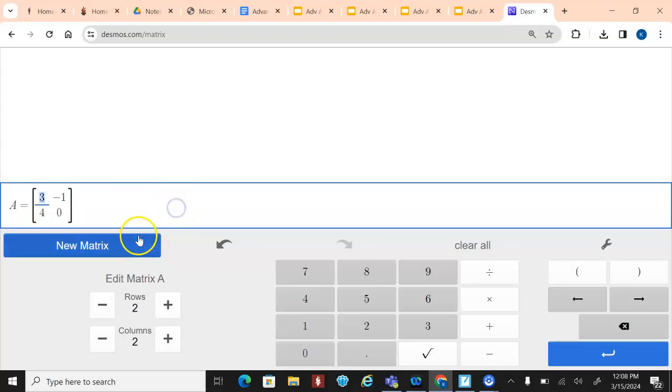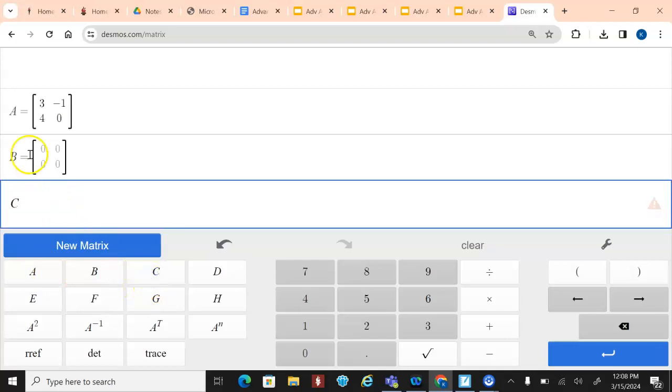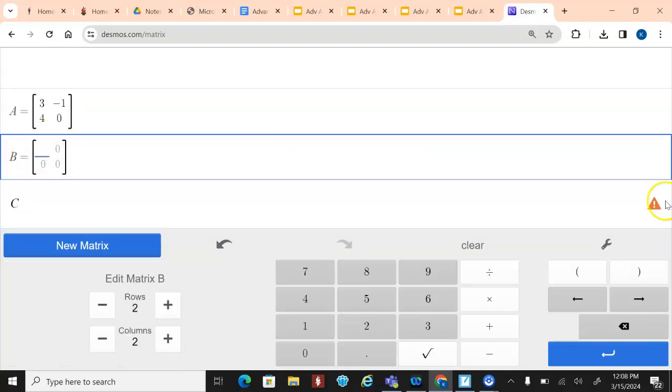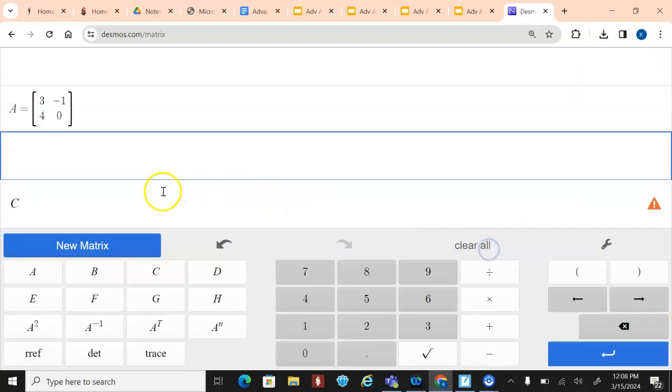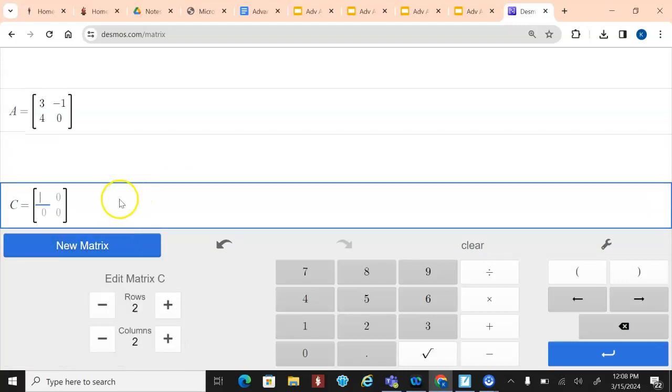All right. Now I'm going to do a new matrix. I'm going to clear this one and make a matrix C. And I'm going to put in my C, which was 2, 9, 3, and negative 7.